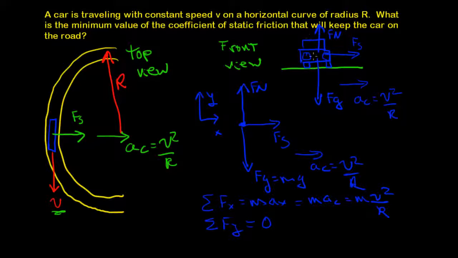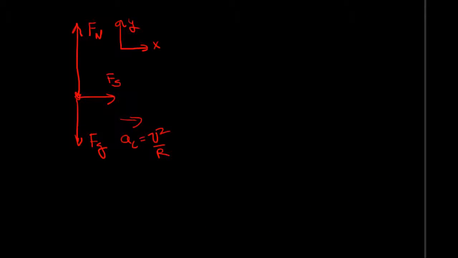It's staying motionless in the y direction. And so all of its acceleration is towards the center. Notice we don't have to worry about the forward or backward direction because it's traveling at a constant velocity that way. All right, so we'll continue this on the next screen. So once again, here's the free body diagram for my car.